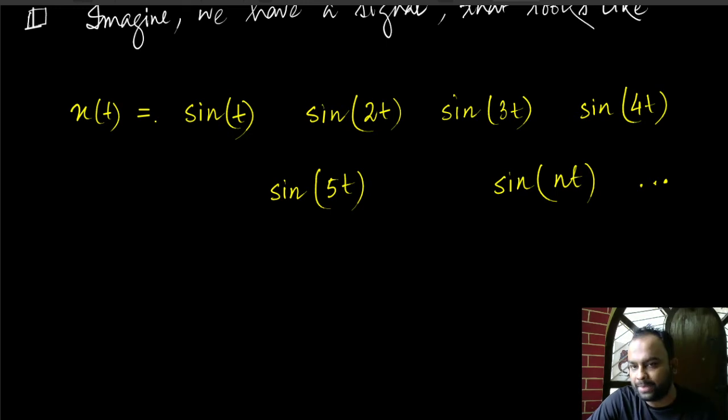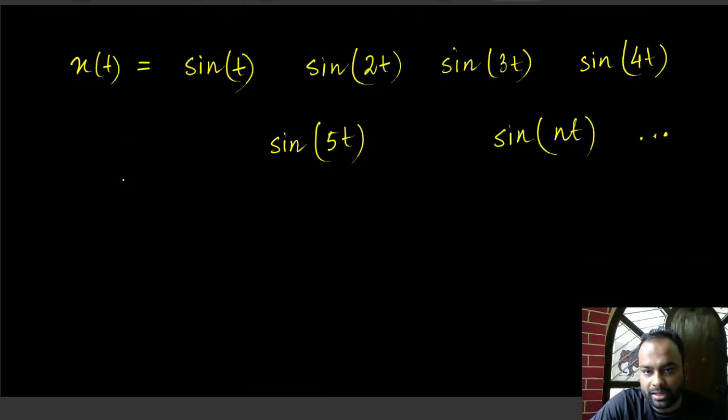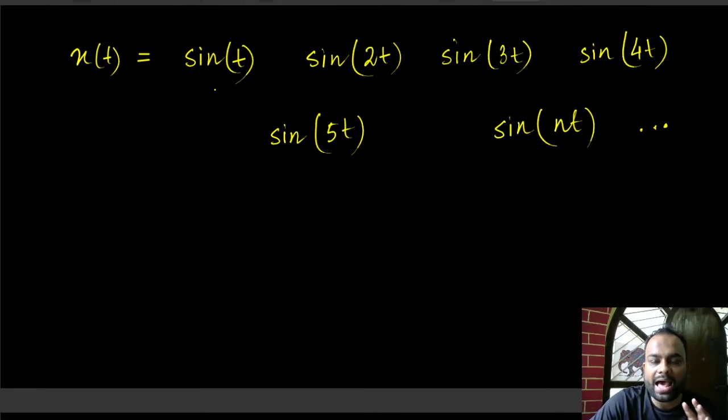If I somehow know that this signal can be expressed as a sum of sinusoids of different frequencies, with this knowledge, my question is, can I calculate the amplitudes that appear here? How do I figure out the amplitude of the 1 radian per second component?